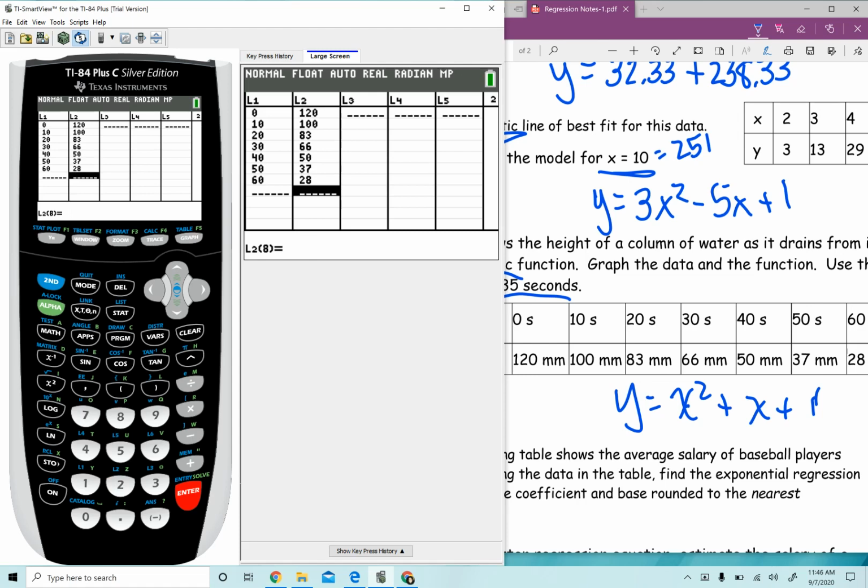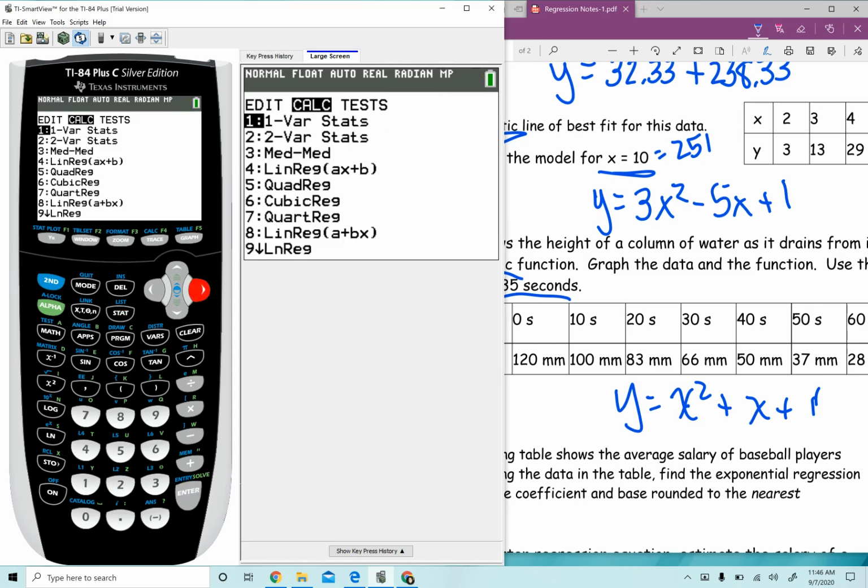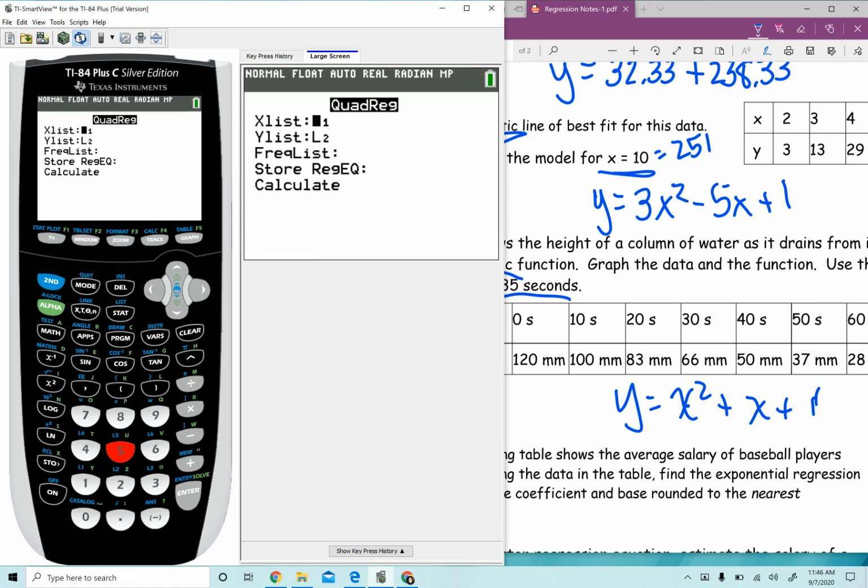Let's see if we get the same equation. Stat calc number 5. So quadratic equation, so you know what one looks like over here. Alpha trace, alpha, oh wait, go back up. Alpha trace. I didn't think that equation looked right.